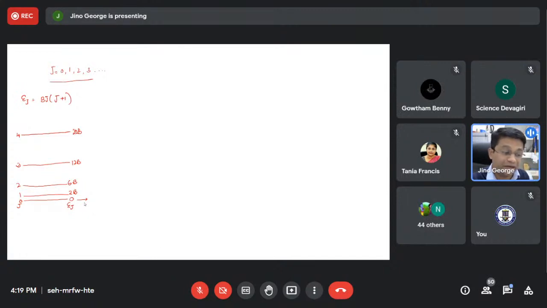We say that this will be greater than or equal to h by 4 pi, or h by 2 pi in frequency terms. So in angular momentum terms, h by 4 pi. This is called the uncertainty principle.